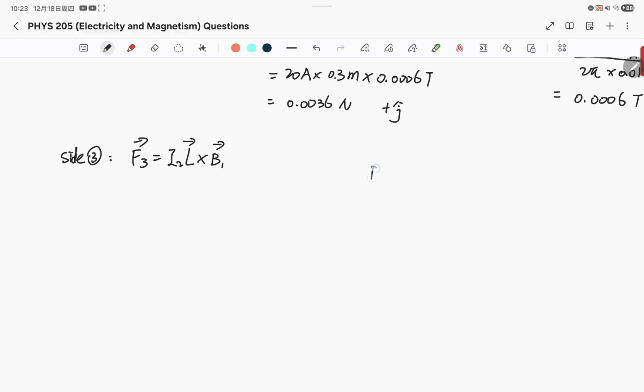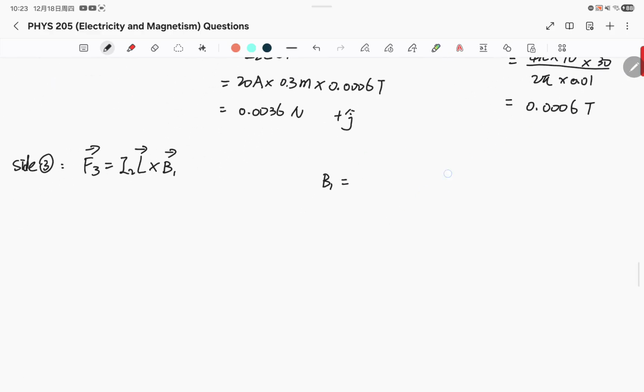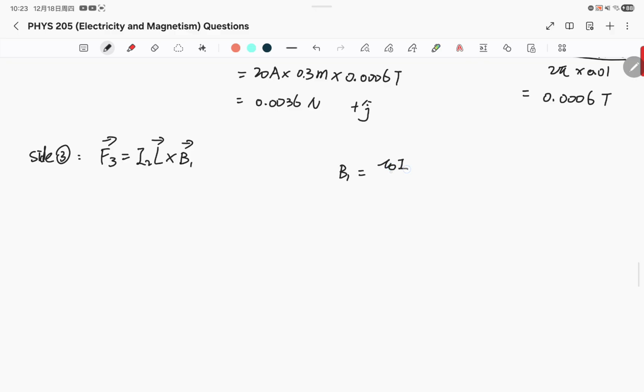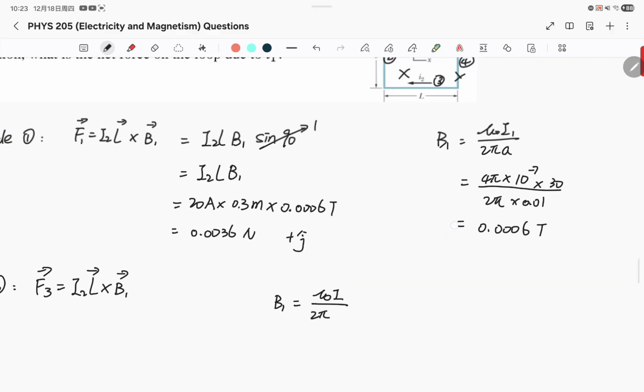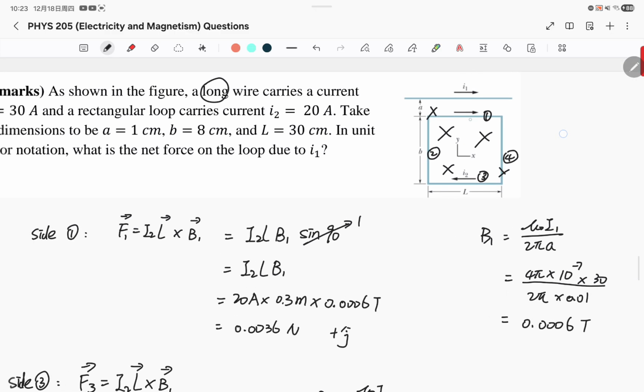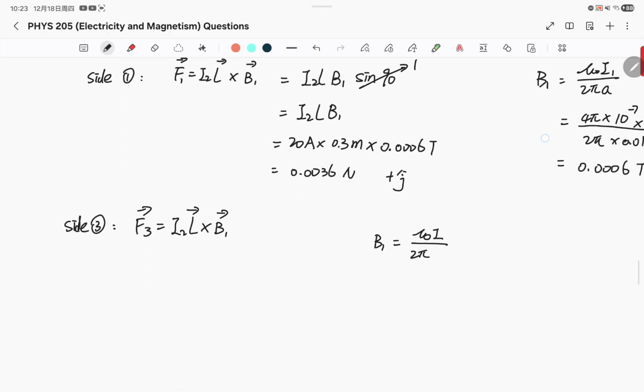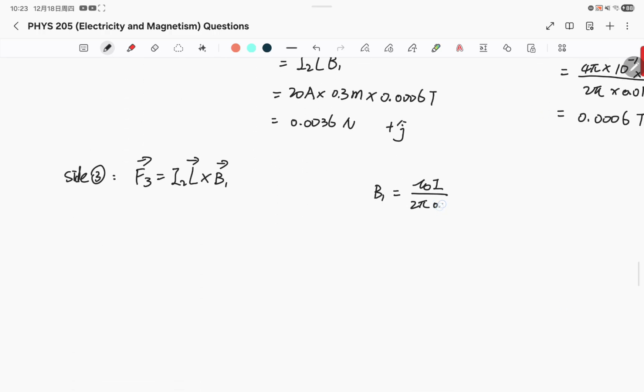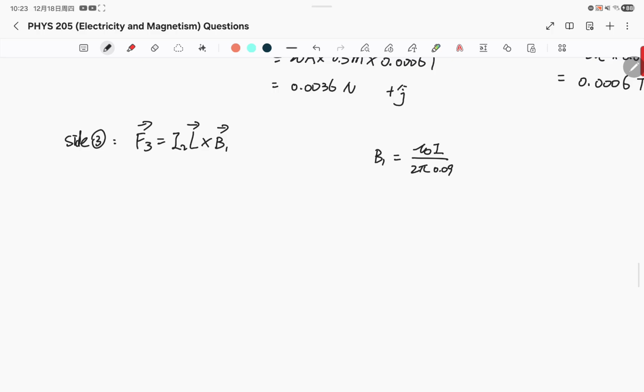So here, B1 for side 3 is going to be mu naught I over 2 pi, what's the distance, is A plus B. A plus B, so 9 centimeters. Like that.